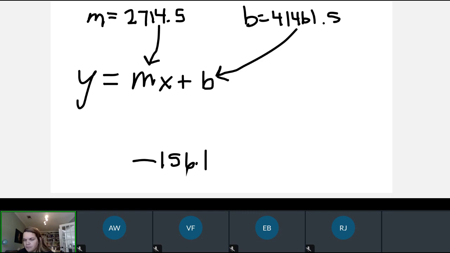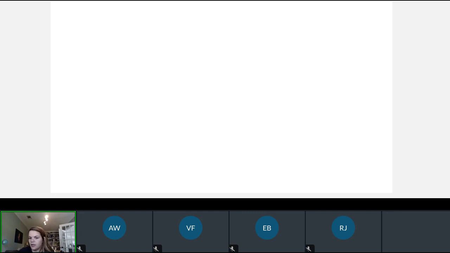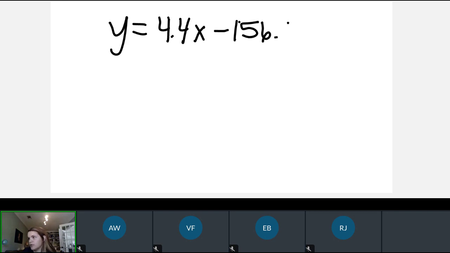Okay, Richard, so now that you have your equation, which is y equals 4.4x minus 156.1, the question is asking you to predict the weight of a shark whose length is 75. So up at the top of your table, your x values is what's changing. So we're changing the length and we're getting the weight. The weight is y.